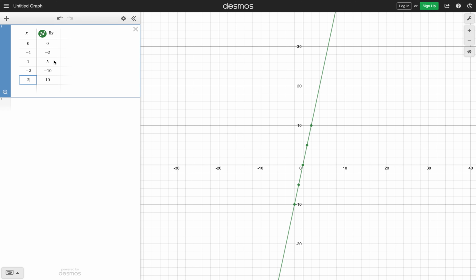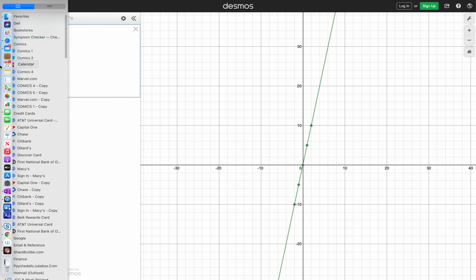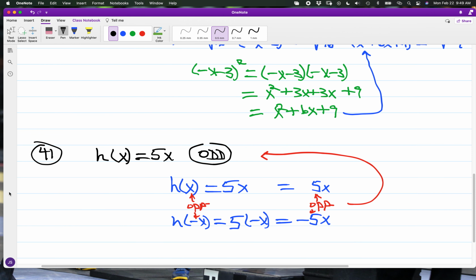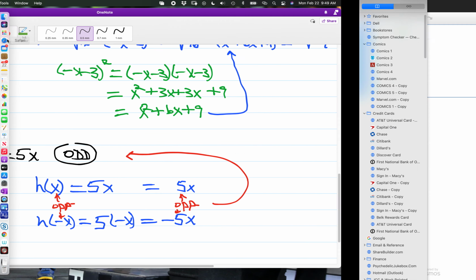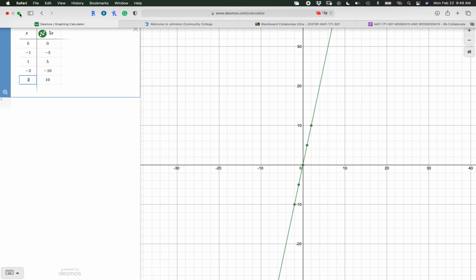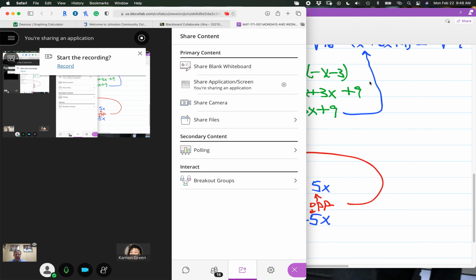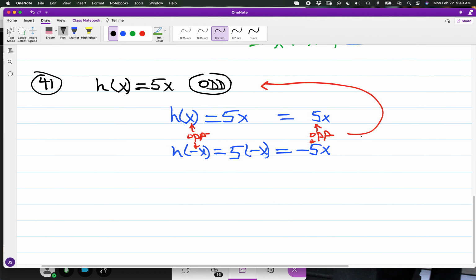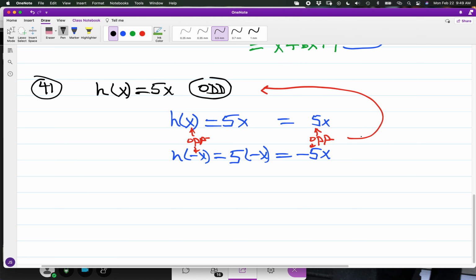All right. Now a while back we did look into piecewise defined functions. So now for number 47. A piecewise defined function is going to be broken up into separate sections.